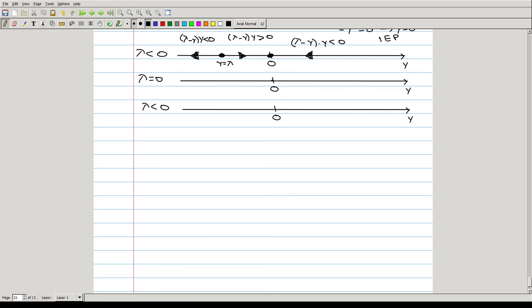At lambda equals 0, we have 1 critical value, so we're switching from 2 critical values to 1 critical value. And our differential equation is y prime equals negative y squared, which is always going to be negative.